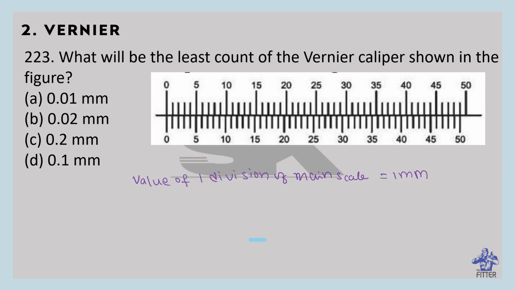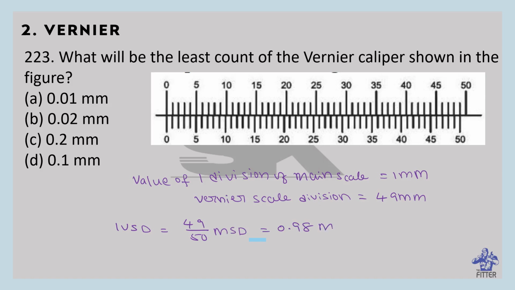So 50 vernier scale divisions equal 49 mm. So 1 VSD, VSD meaning vernier scale division, equals 49 upon 50 main scale divisions. So that equals 0.98 main scale division.